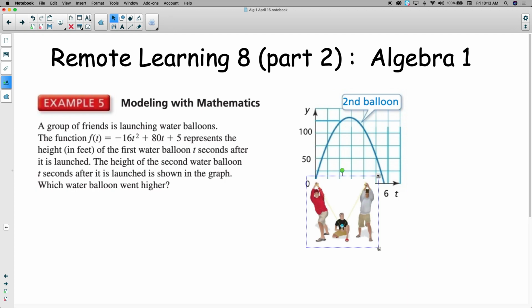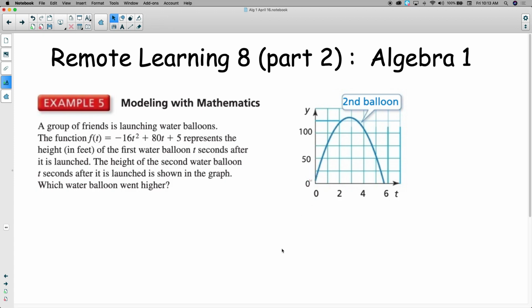What I want to say about this is that while they're launching, the water balloon is not necessarily being fired out at this angle. This isn't trying to say this is the path of the water balloon. The water balloon might very well be going straight up and straight down.